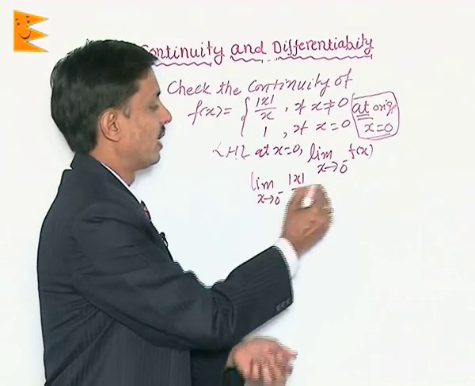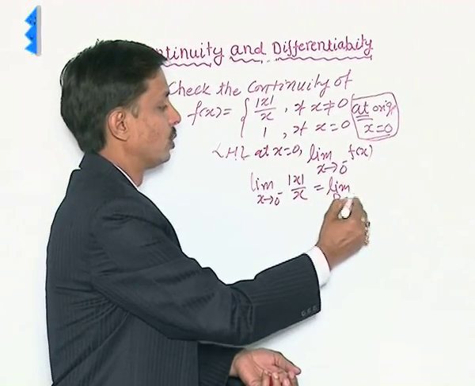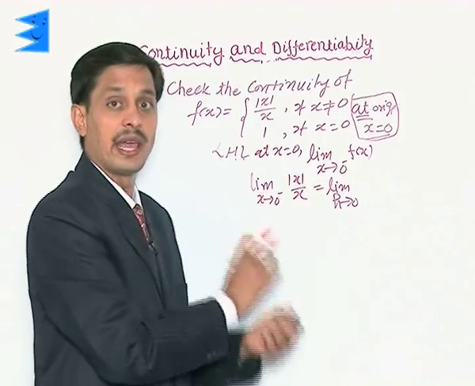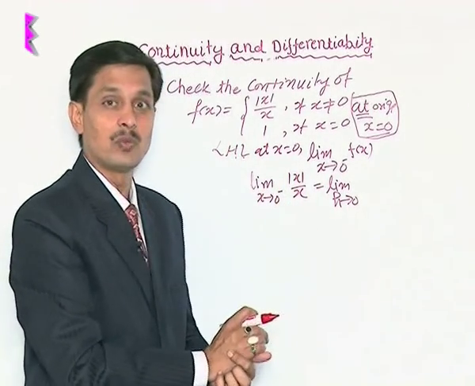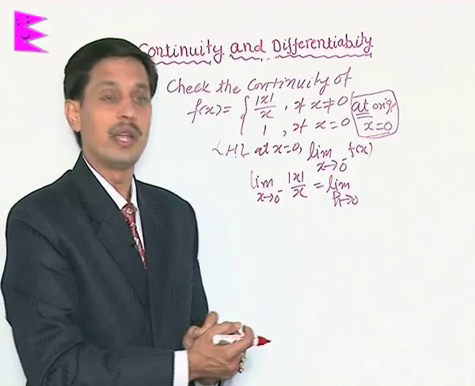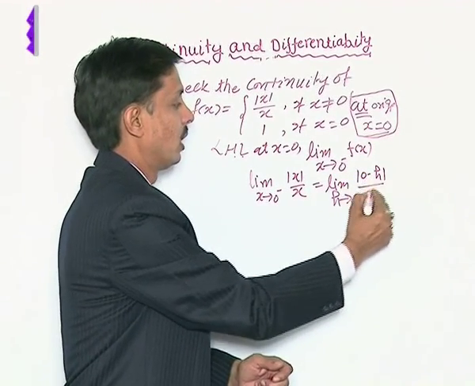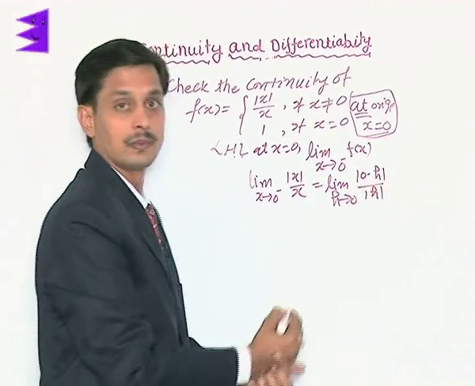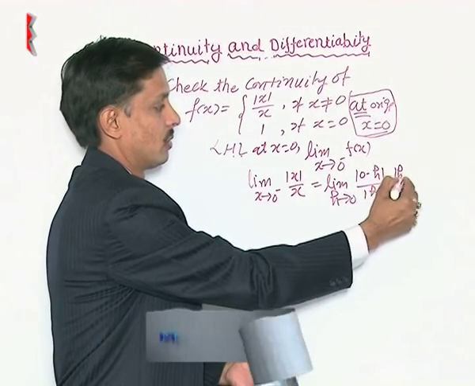So we write it like this, limit h tending to 0, in place of x we will write that point minus h where the continuity is required to test, that is |0 - h|/|0 - h|. Mod of 0 minus h is what? Mod of h.